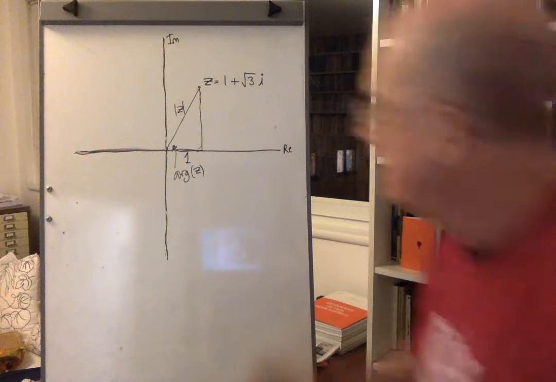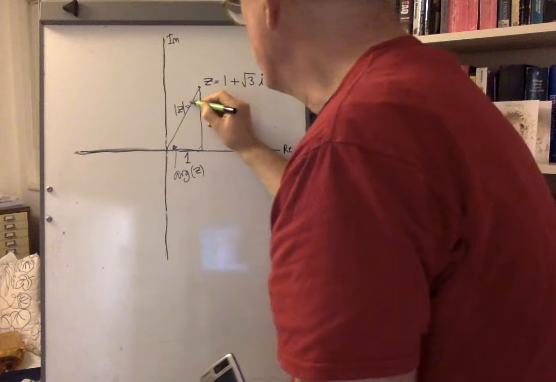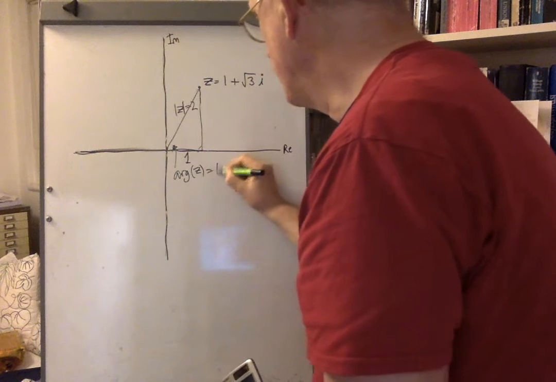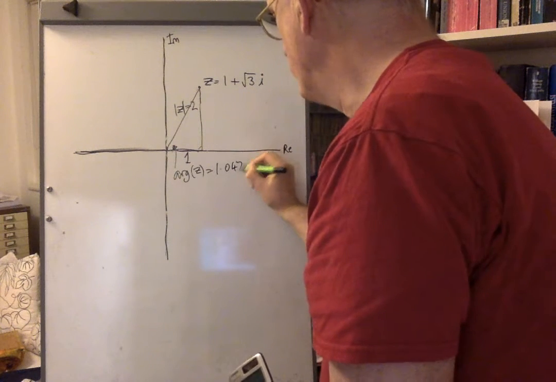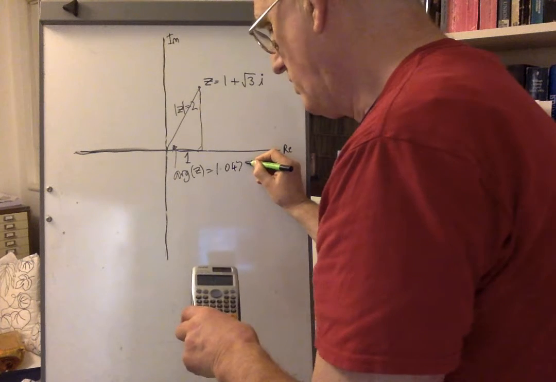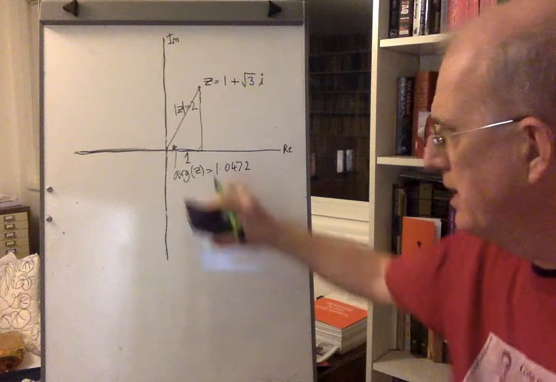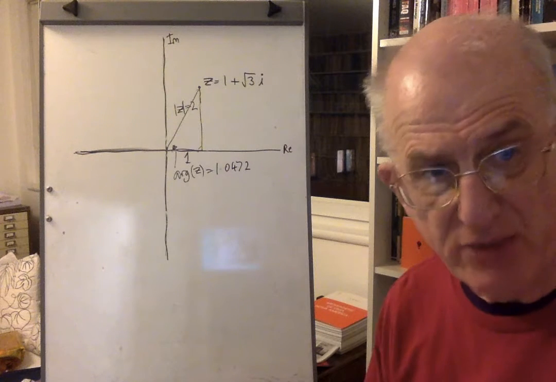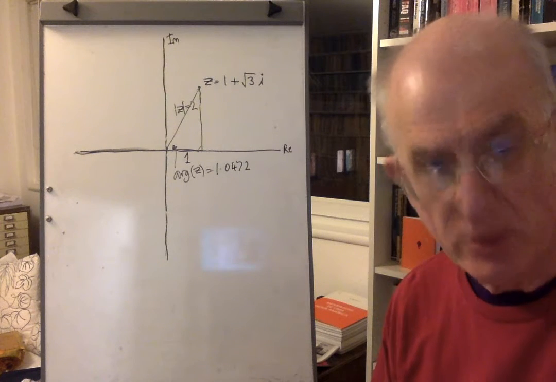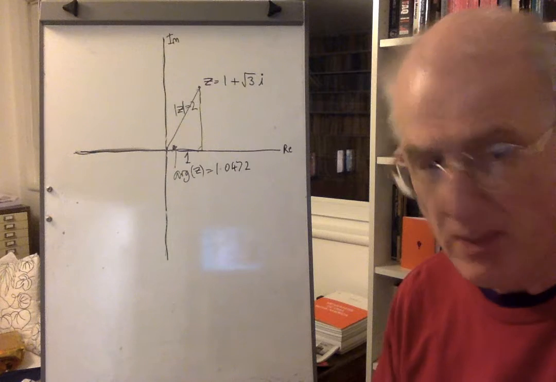That's good. We've got mod z equals 2. We have argument of z is 1.0472 to 4 decimal places. But maybe that's a fraction of pi, which would be a better way of describing it.